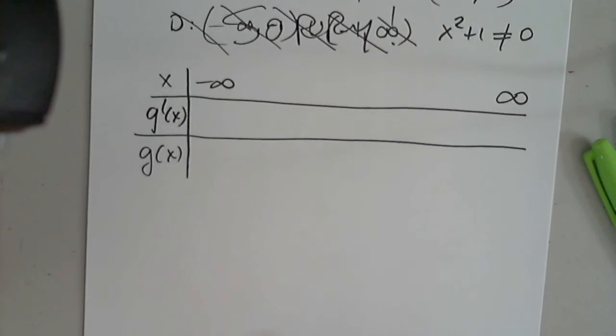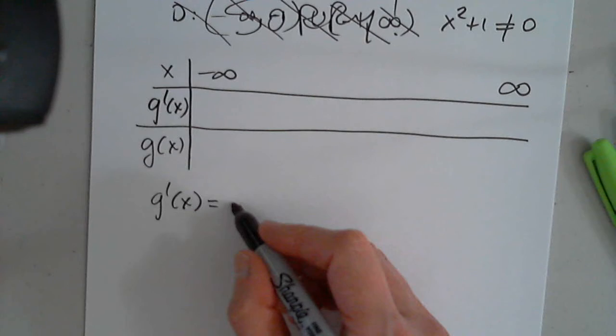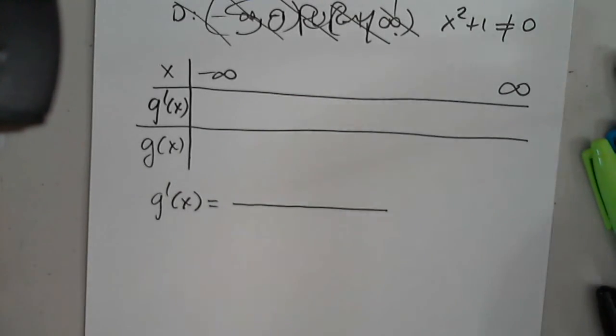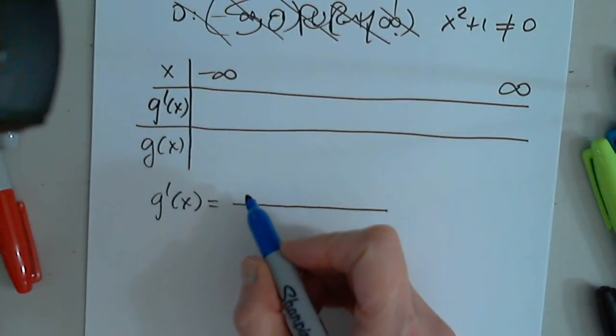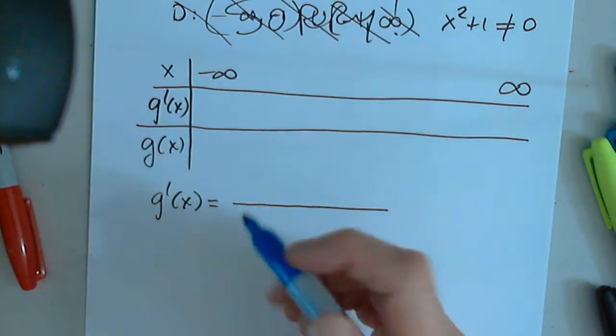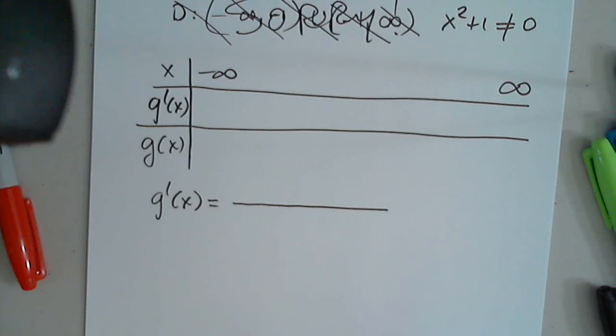I will start by finding g prime. And we have to use the quotient rule. Can anyone walk us through? Anyone would like to give us a boost here? So the top function prime, yes. Shivam, if you'd like to try, go ahead.